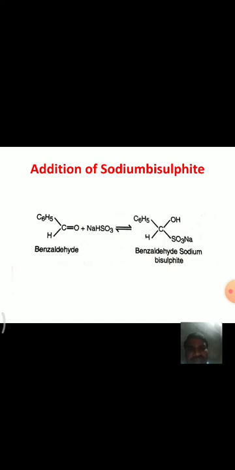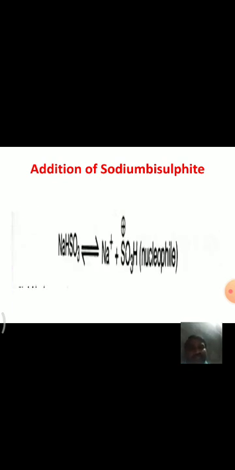But if we see the mechanism, see here, this is one more reaction. Benzaldehyde, when it is treated with sodium bisulfite, forms the addition product.